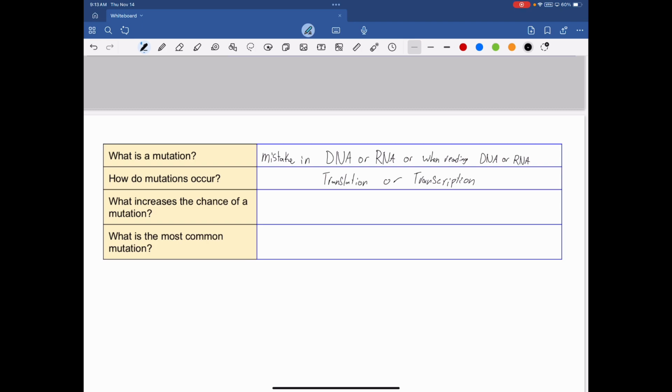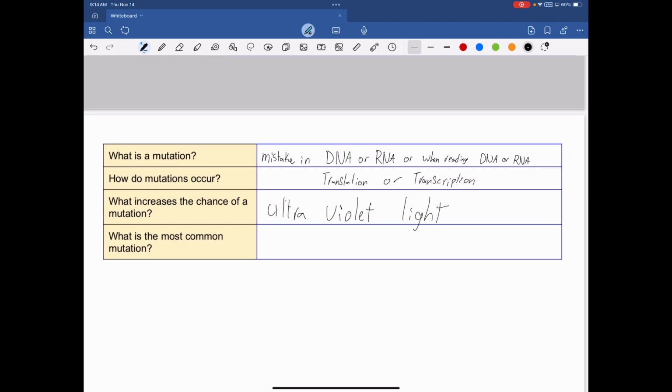Probably the most common one that you are affected by regularly is what we call ultraviolet light. Okay? Do you guys know where you get exposed to ultraviolet light from? The sun. Yeah. The sun emits ultraviolet light. And that ultraviolet light can cause these mutations. Okay? It can damage the DNA.